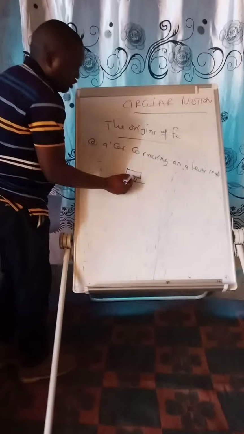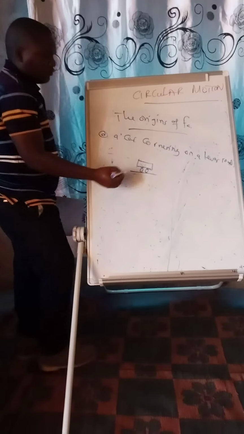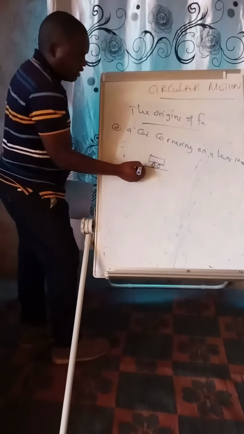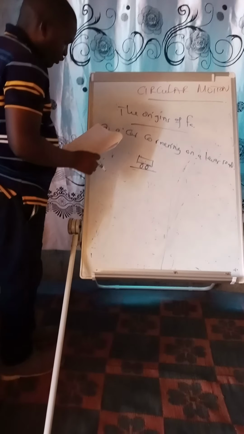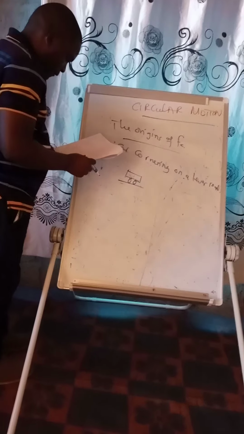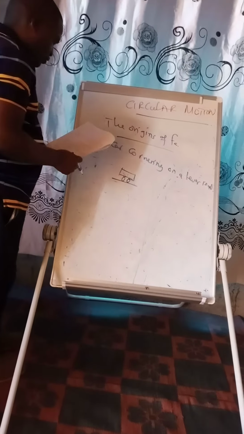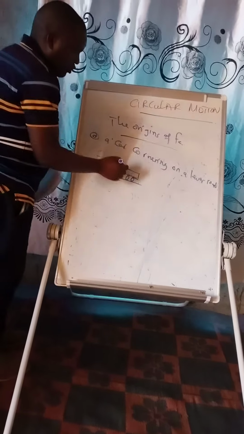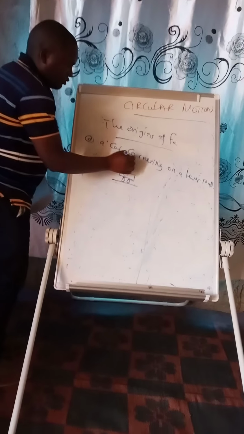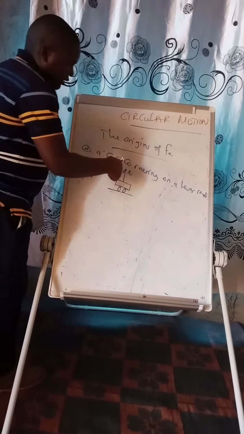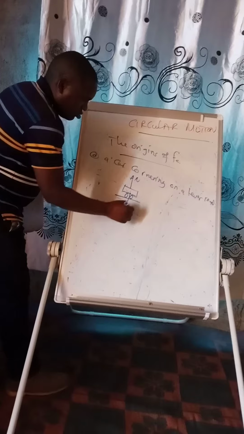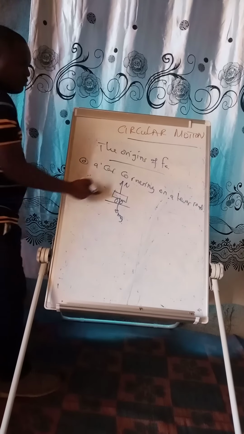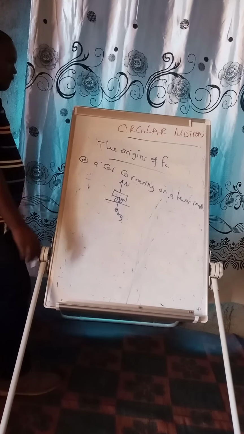Now the road provides two forces, which is the frictional force and also the normal contact force, which we call N. And remember, this car has its weight which pulls down. So the normal contact force is balanced by weight.